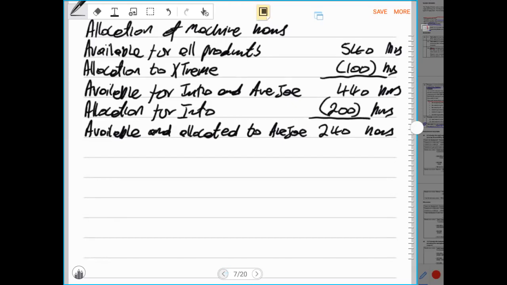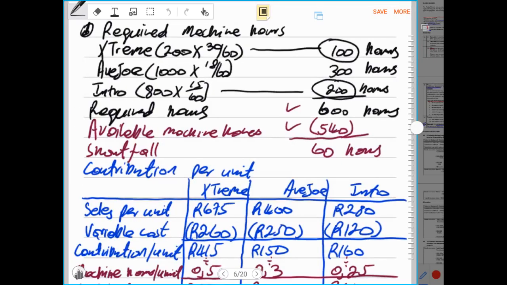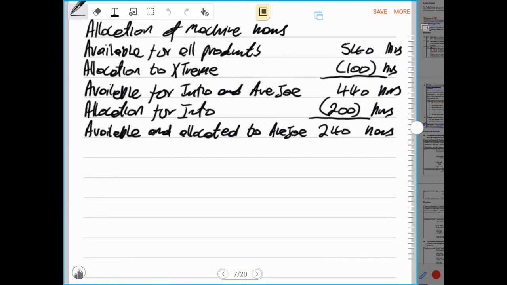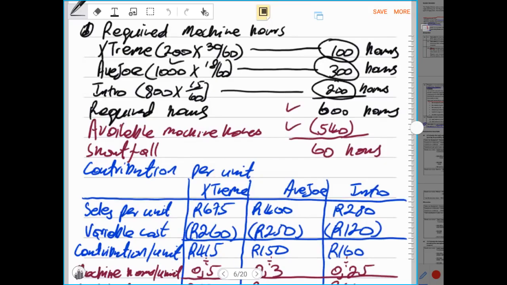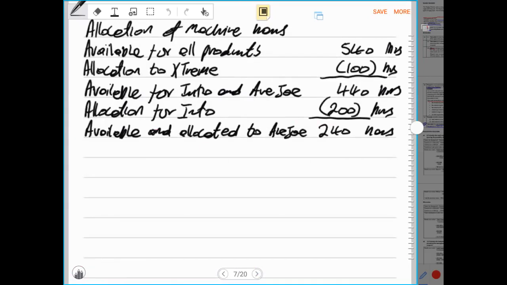Then the question is, how many hours does the product Avjo require? Product Avjo requires 300 hours to manufacture 1,000 units. Then how many hours are available? Only 240. How many hours are required? 300.